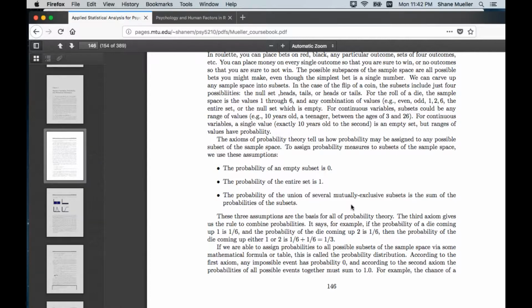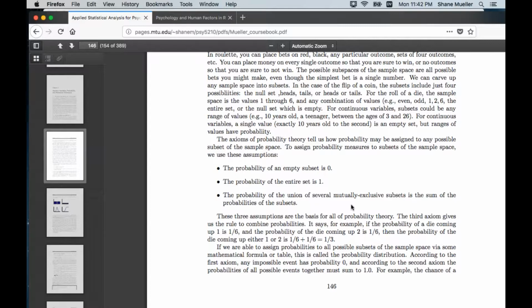You could think of subsets of a sample space sort of like the things you could bet on in roulette. If you see a big roulette table, you can say, I want to bet on black, or I want to bet on red. This would be one subset of all the possible things it could land on. Or you could say, I want to bet on number 27, and that's another subset.